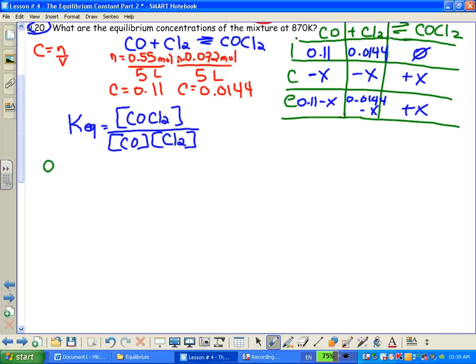So I know that I have 0.20. My concentration of my product is going to just be x, right? I'm getting that from the table above to the right. And my carbon monoxide is 0.11 minus x. And my chlorine is 0.0144 minus x.